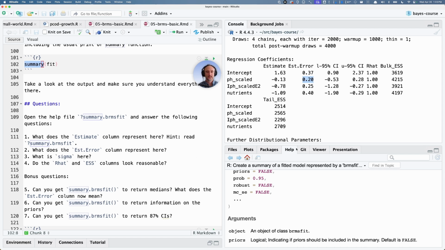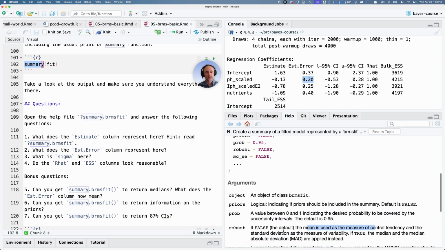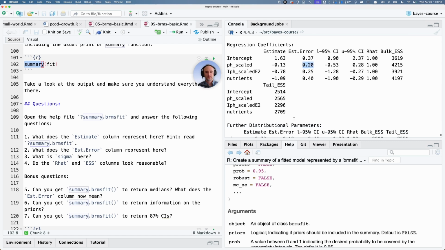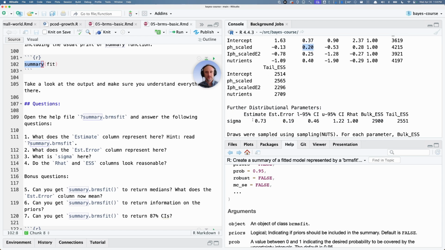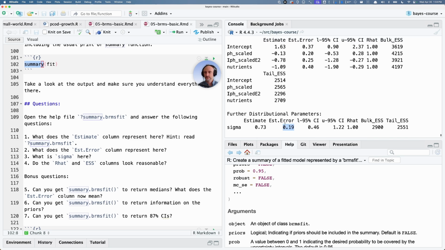And if we had set robust equals true, instead this would be the median and the median absolute deviation, the MAD. So sigma here is our observation error standard deviation, and this is the mean of the posterior of that parameter and the standard deviation of it, which is effectively equivalent to the standard error that you're used to seeing.